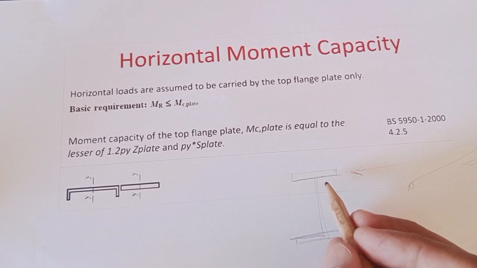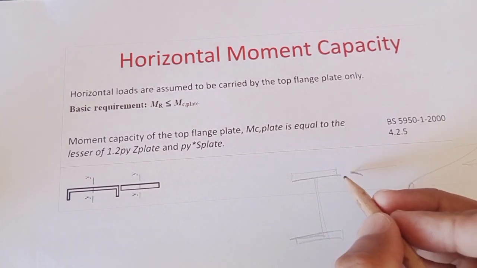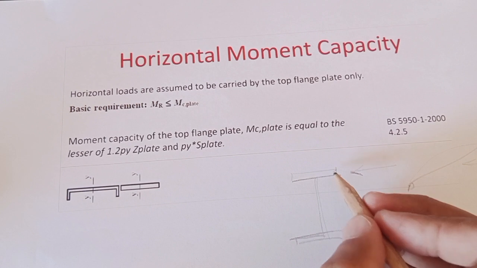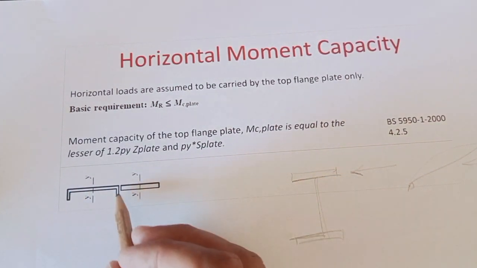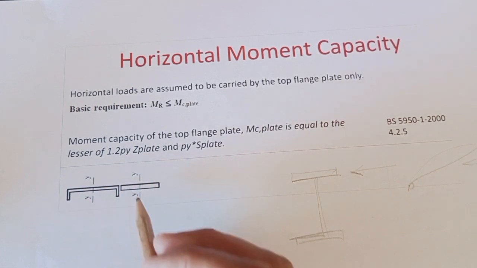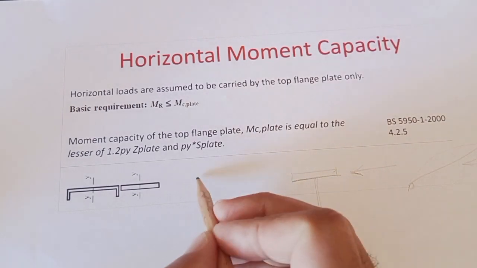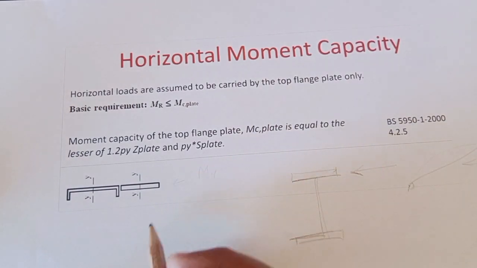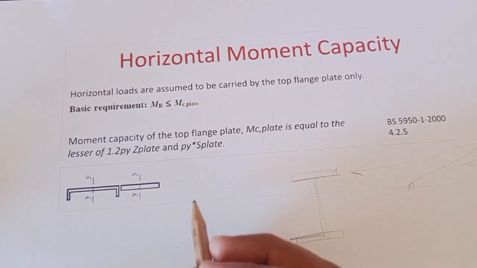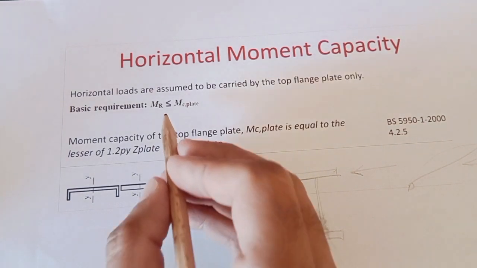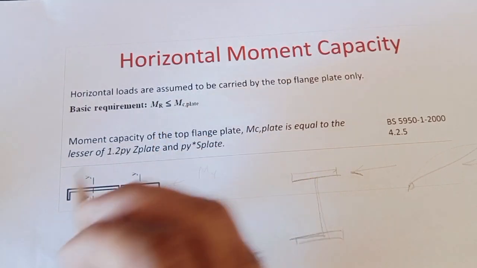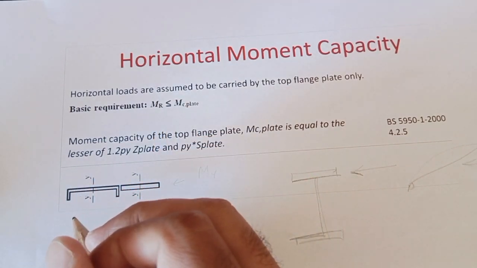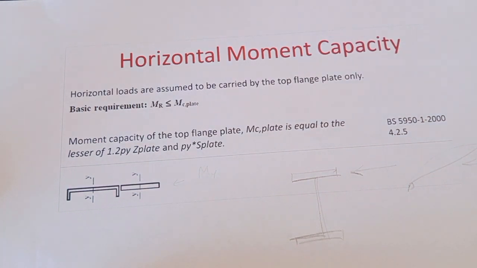In this case, we are going to check this horizontal bending by the top flange. The top flange can be just one plate, or a combined PFC, or a combined top plate. In that case, we apply those MY to this section to check for that. It's the same rules. The applied M should be less than the capacity of the top plate in bending.